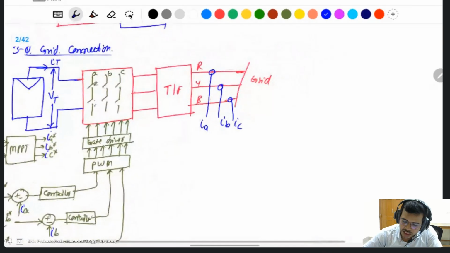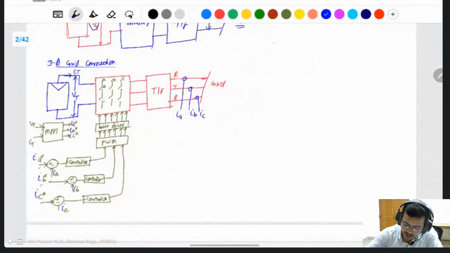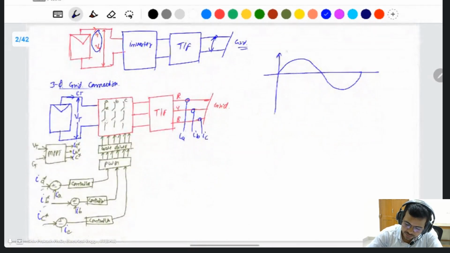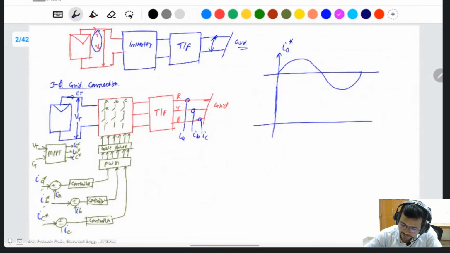But this is the AC signal. You know about this one also. This is the AC system. Suppose we generate an AC reference also. This is the IA reference, and this is the IA.